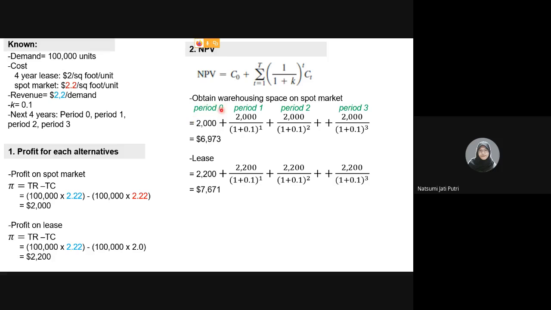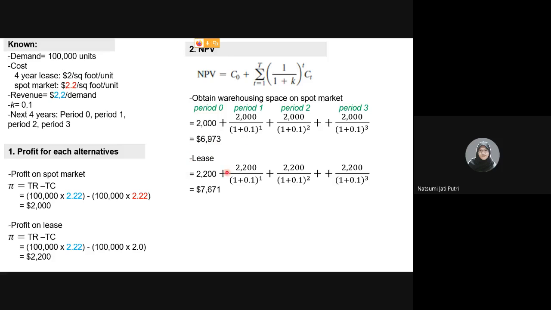For period 0, the current year, the profit is $2,000, plus $2,000 divided by (1 plus 0.1) to the power of 1. And for period 2, it is the same, but to the power of 2. And for period 3, also the same, but to the power of 3. And we got this number.